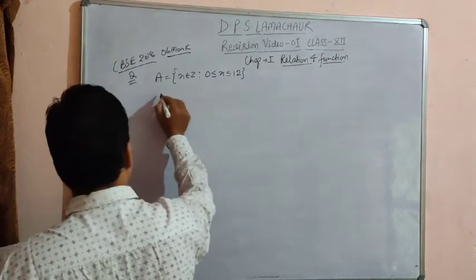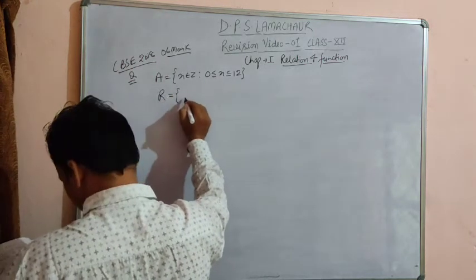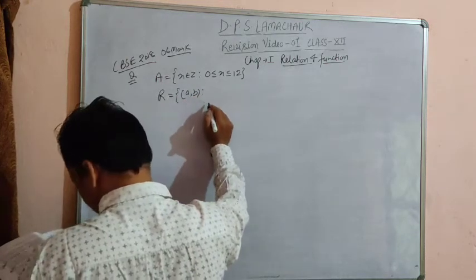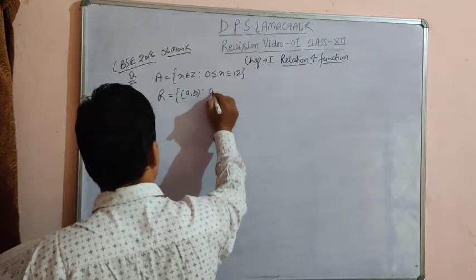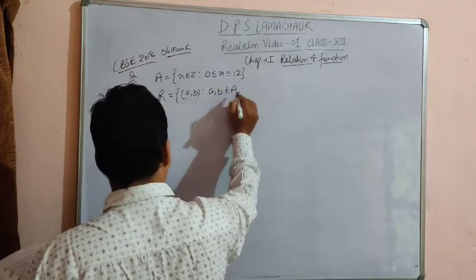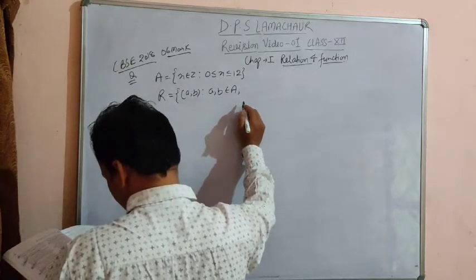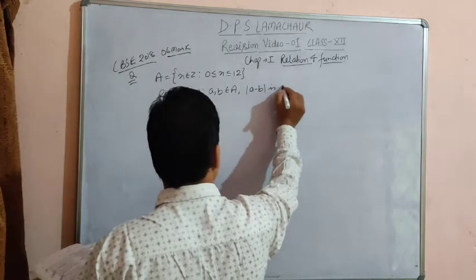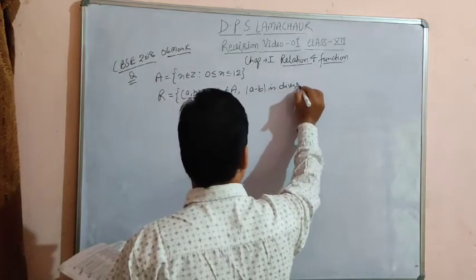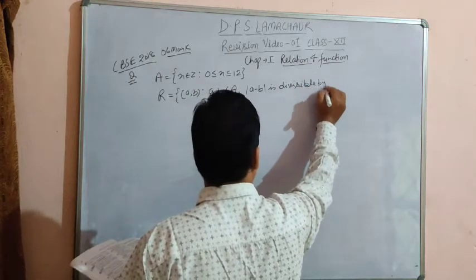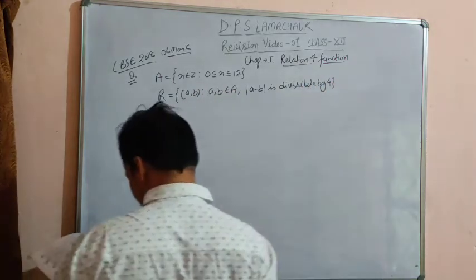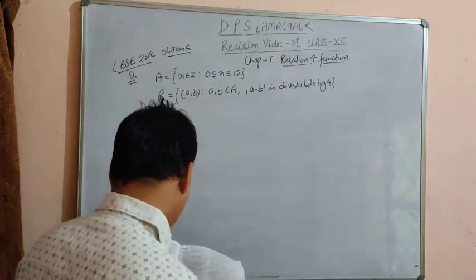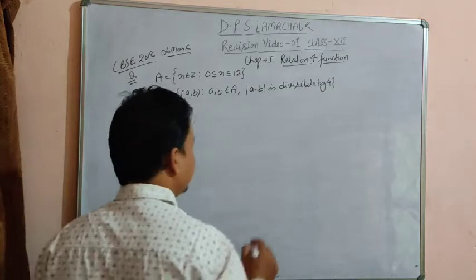The relation R is A comma B such that A comma B belongs to set A, and mod of A minus B is divisible by 4. Okay, so we have to prove it is an equivalence relation. Find the set of all elements related to 1.